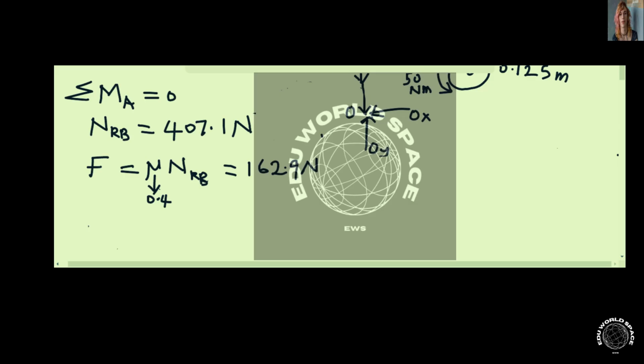So therefore, we are going to apply the coefficient of dynamic friction, which is 0.3. We take moment again at A, but this time we apply mu equal to 0.3.